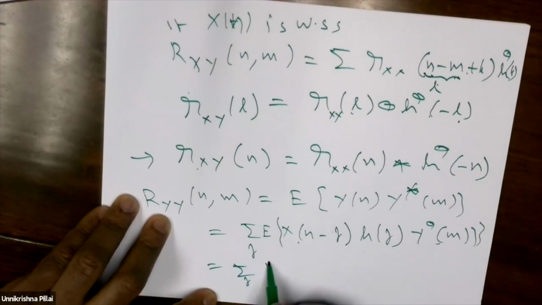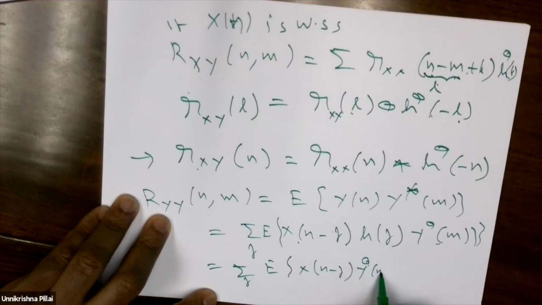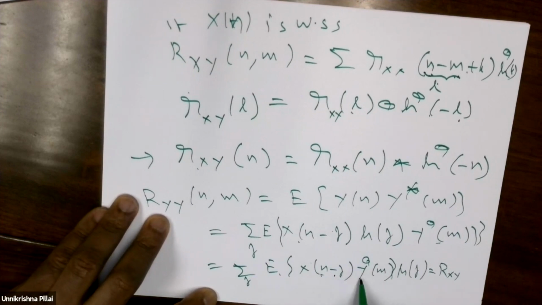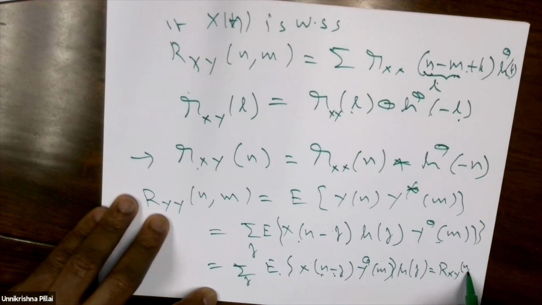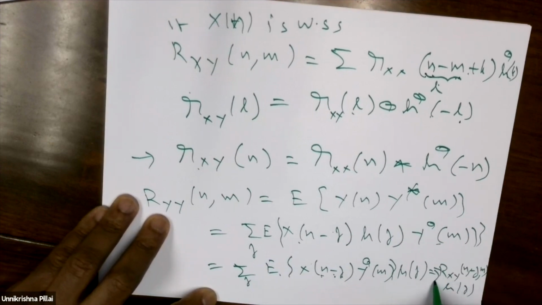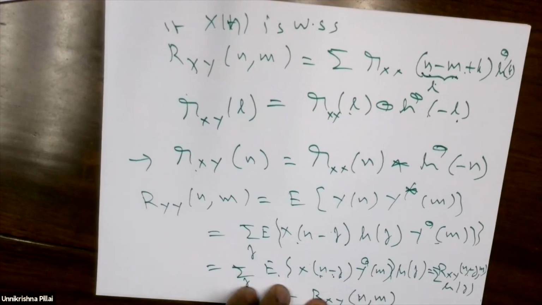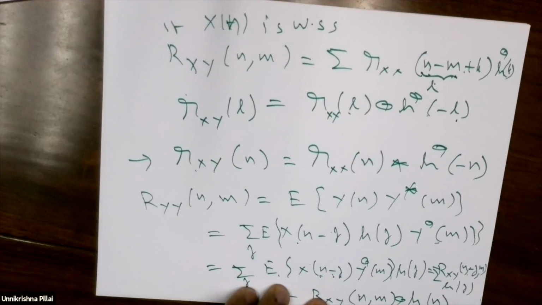Expected value is on xy, right? x of n minus j y star m h j. But this is rxy n minus j comma m, h j with a summation. So that's the convolution of rxy. Remember, n minus m on the first variable. So n comma m convolved with h n as before.